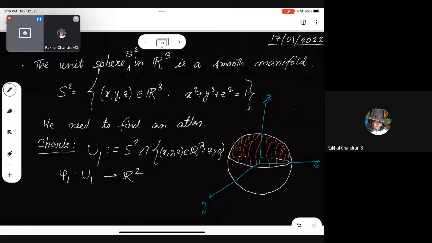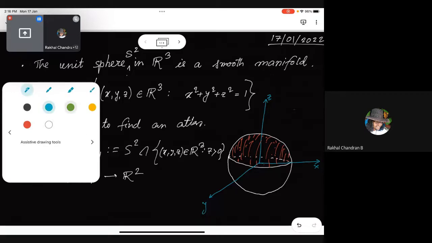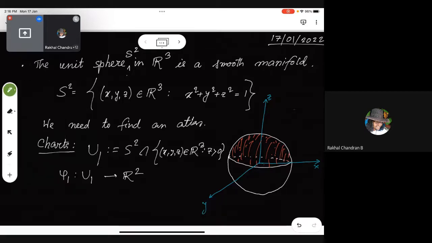So how would you draw it? Fix a point here, project it down here, some point here. So the image will be inside of this circle in R2, thinking of z equal to 0 as R2.